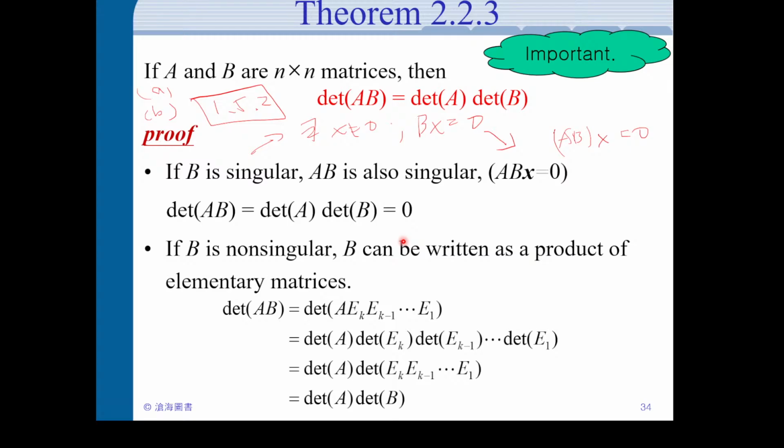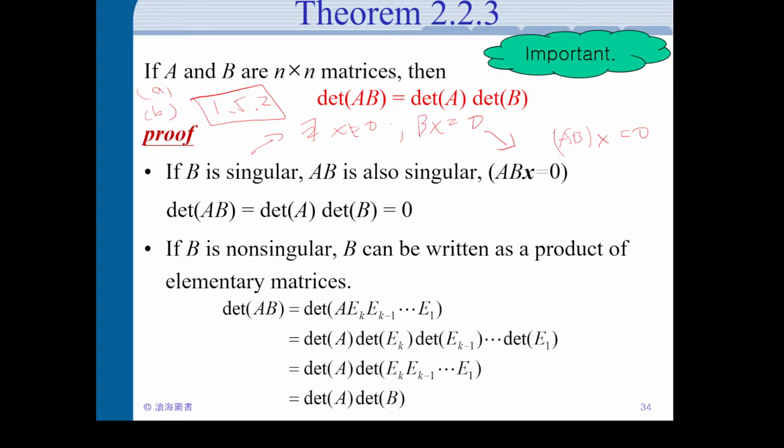Now we have B is non-singular, then B can be written as a product of elementary matrices. But we are mixing left and right here, so we need to do transpose here.